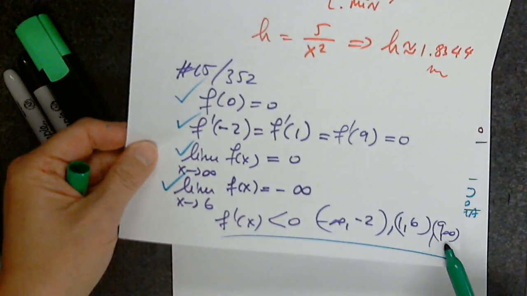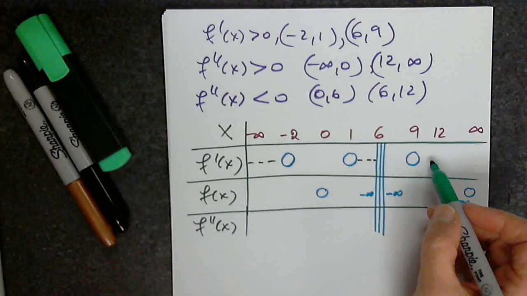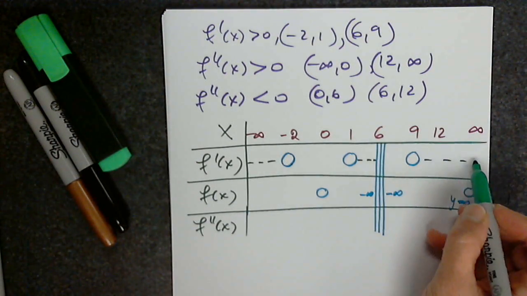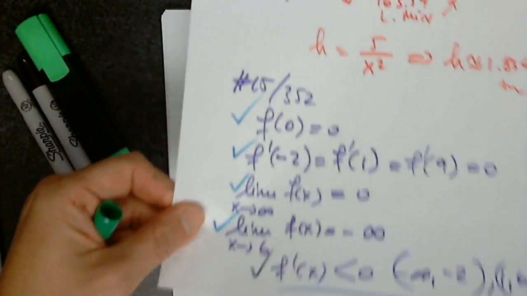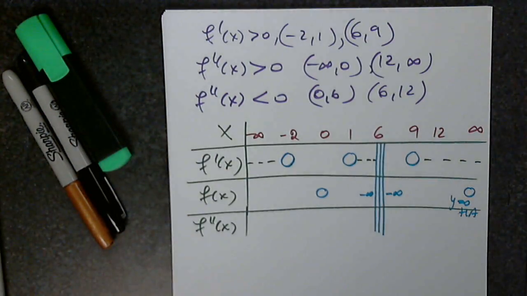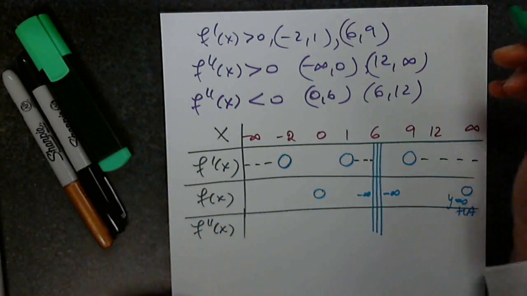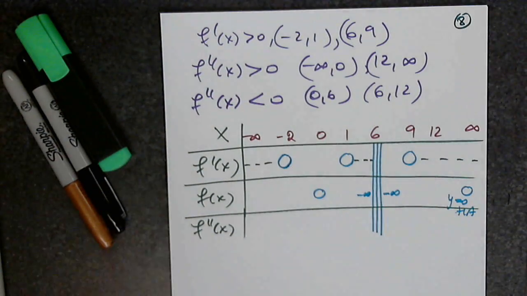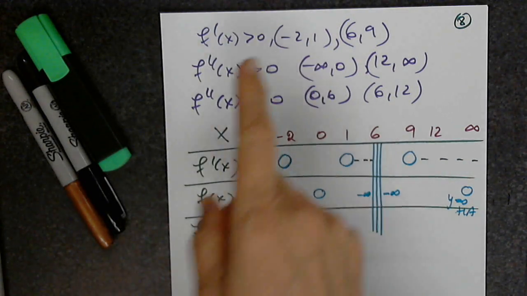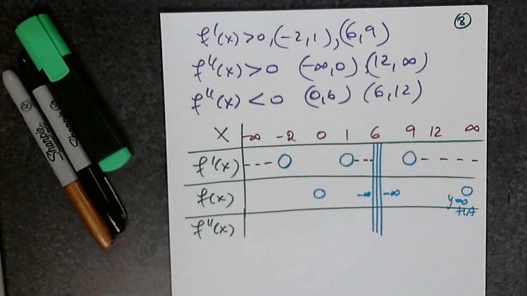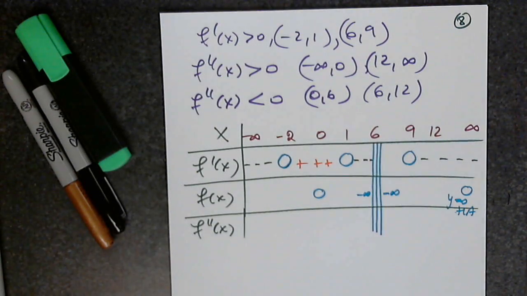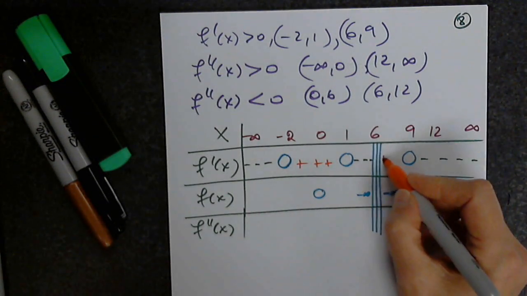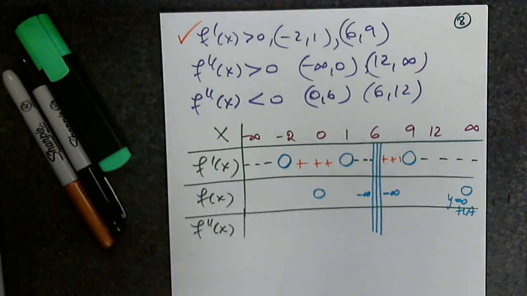And then for 9 to infinity, what sign do I have to write? Now this is done. Okay, now I'm told for the first derivative, between negative 2 and 1, what do I put? Between 6 and 9, what do I put? Now this is done.